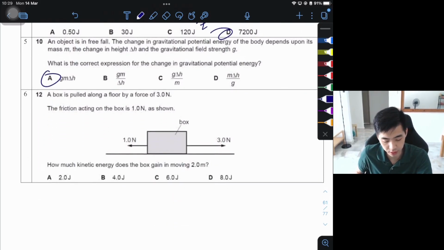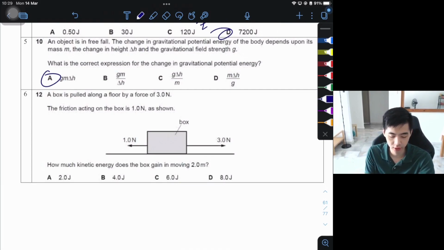Then a box is pulled along a floor by a force of 3 newtons. The friction on the box is 1 newton. How much kinetic energy does the box gain in moving 2 meters? Oh, moving 2 meters. It's basically going to be force times distance, right?